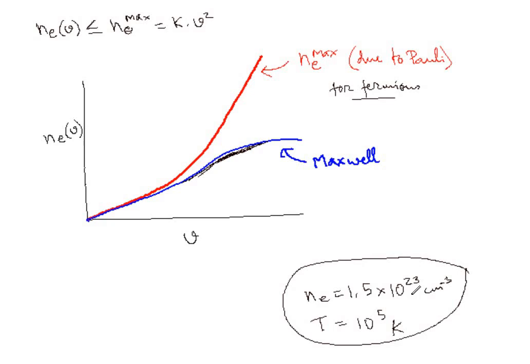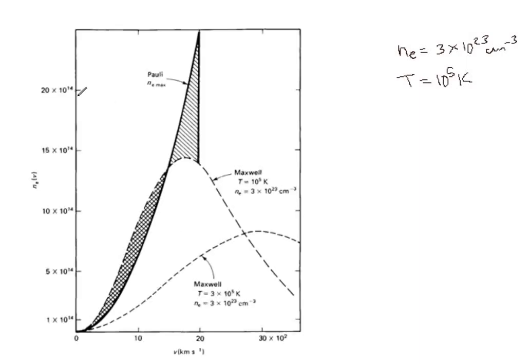This time let me double the electron density, but the temperature remains the same. So let the density be Ne equal to 3 times 10 to the power 23 per centimeter cube, and the temperature the same, 10 to the power 5 Kelvin. What do the two plots look like this time? Here is the plot.